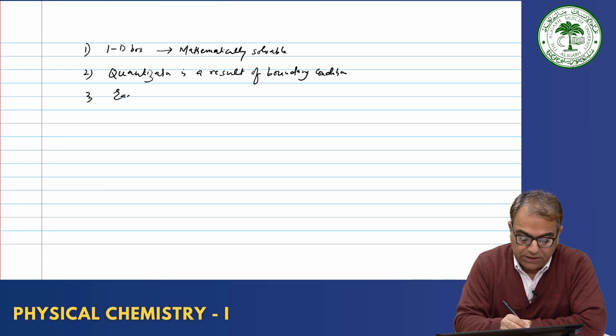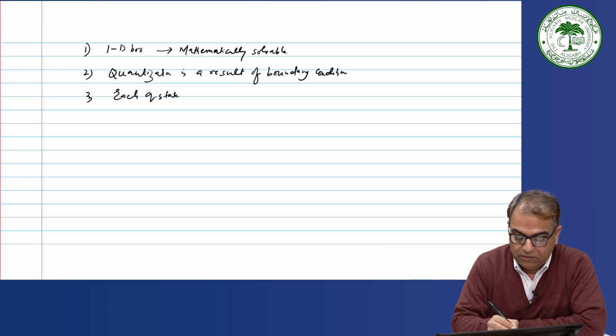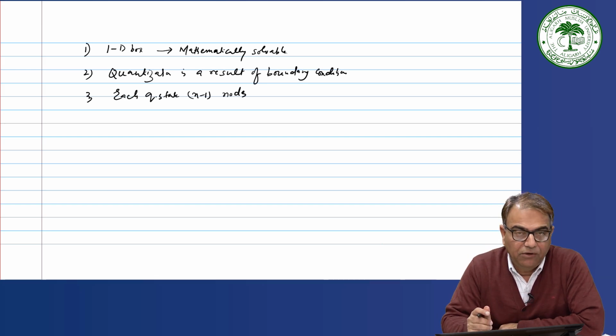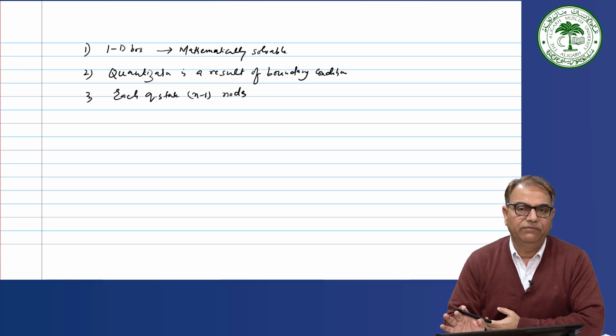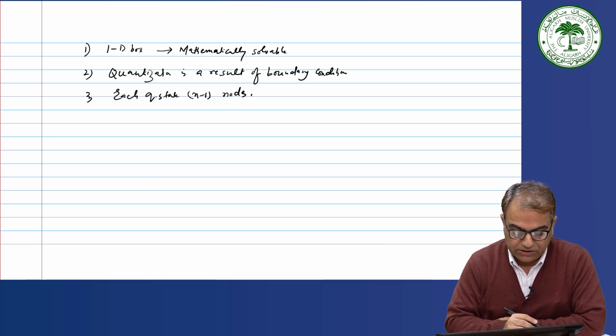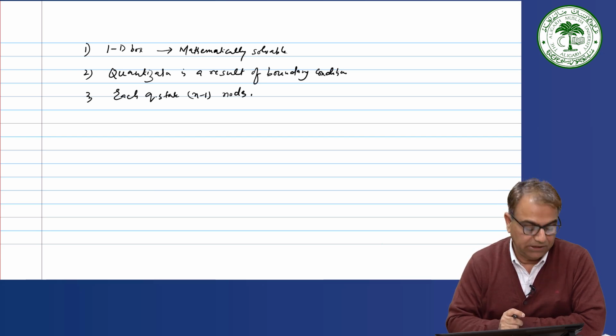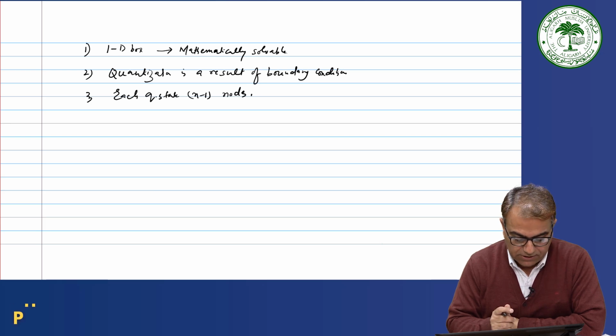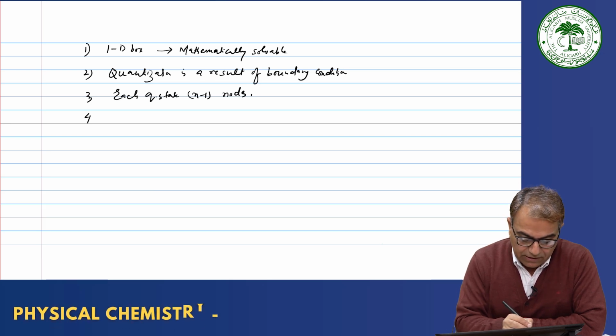Each quantum state has n-1 nodes where the probability of finding the particle is negligible, very small. Okay, I told you that we plot the probability density and it has n-1 nodes. A node is the point where the probability density is 0.